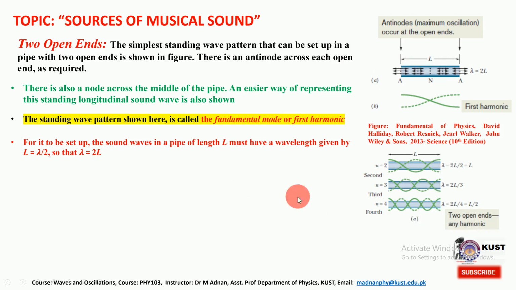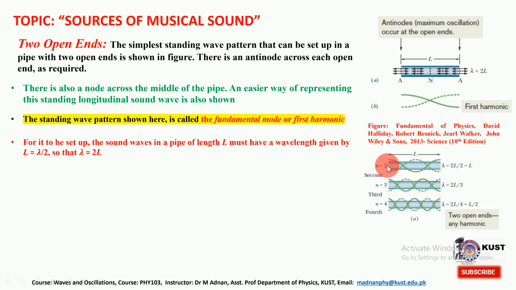And in a similar way we can have these different patterns, to produce another wave with the same speed, but since lambda is now different because we have another node inside. So we know that the distance between two nodes is lambda by 2, and the distance between a node and antinode is lambda by 4.